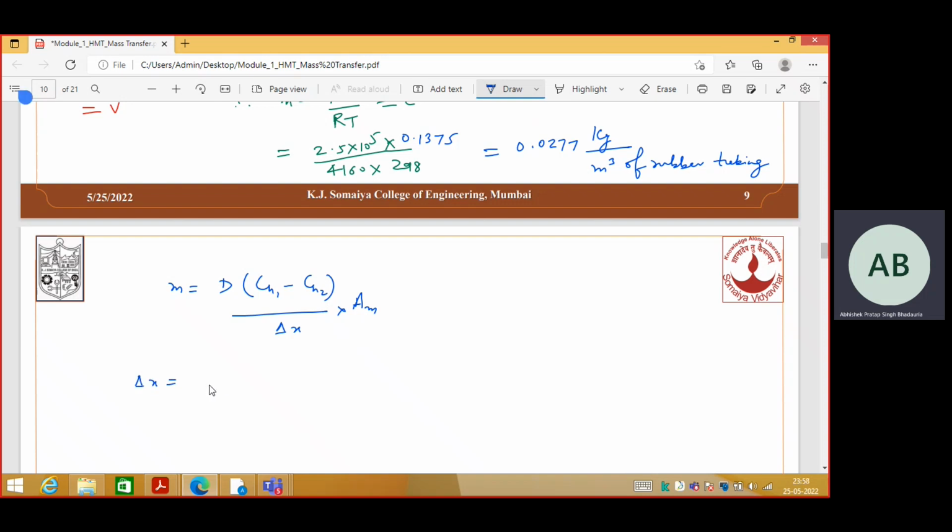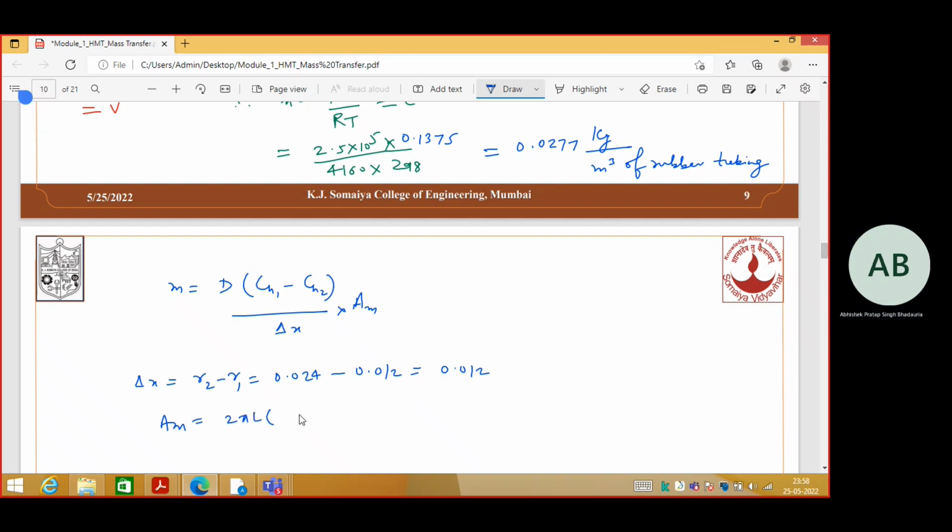Delta X is nothing but R2 minus R1, so it is 0.024 minus 0.012, that is 0.012. Now Am we can calculate by the expression 2 pi L (R2 minus R1) divided by natural log of R2 by R1.